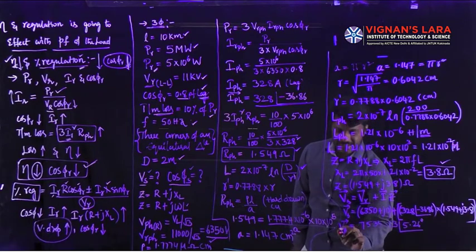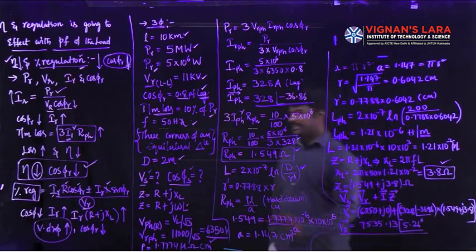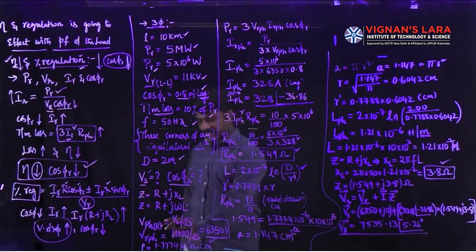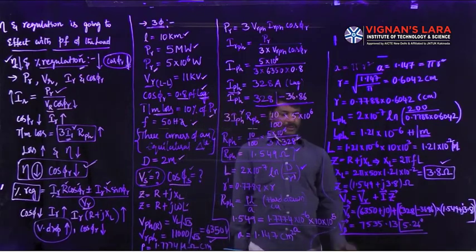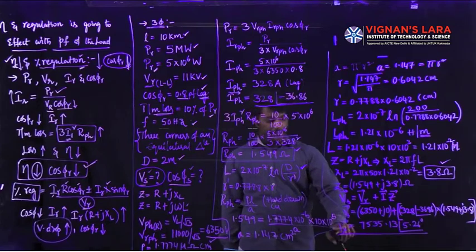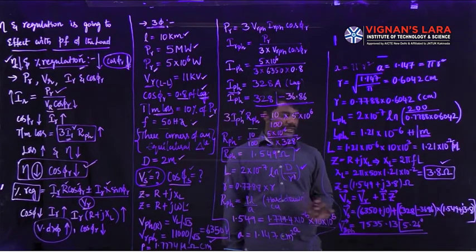So by this time we got the magnitude of Vs. It is our first bit calculation. What is our first bit? This is our first bit. They are asking us to find out Vs. Up to here we have done up to Vs, but it is the phase value. Remember that. We have to convert it into the line value.